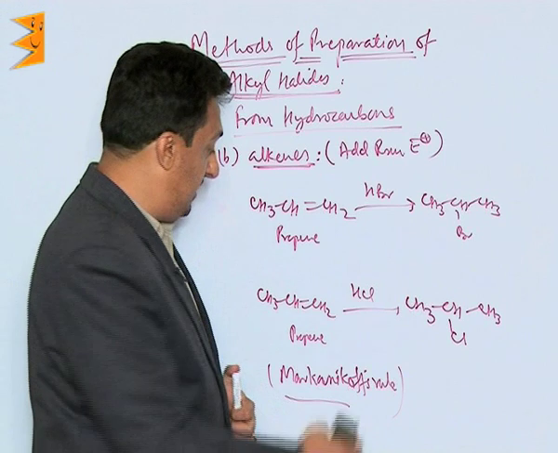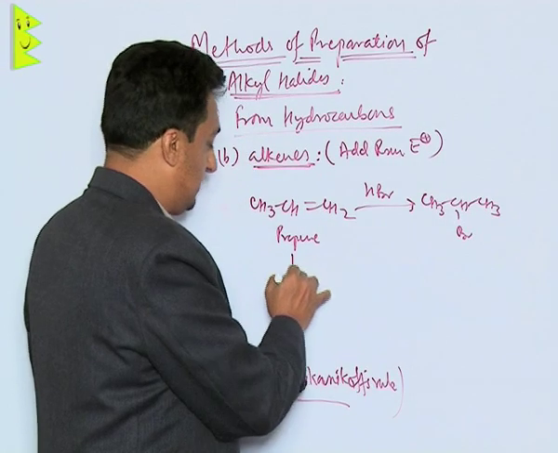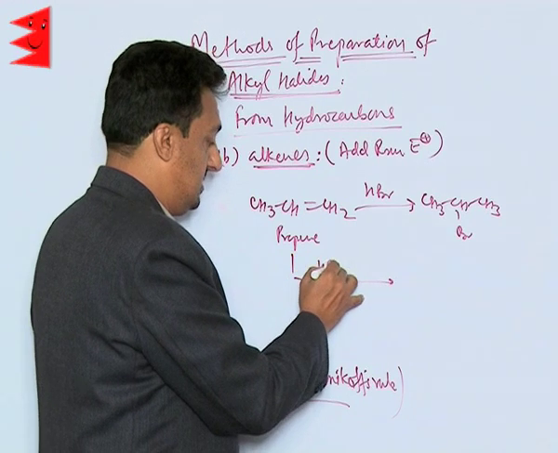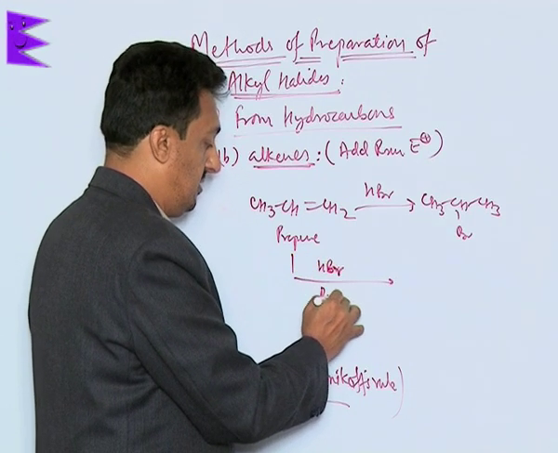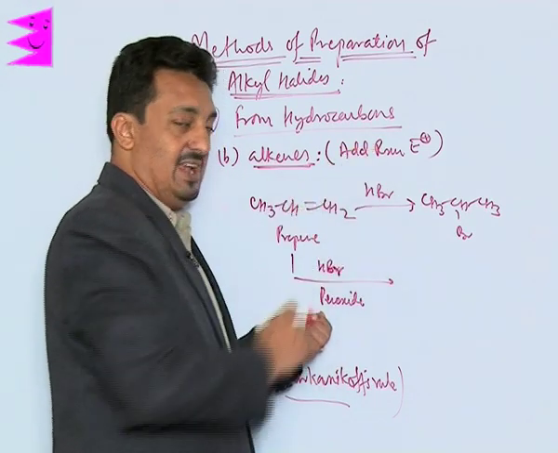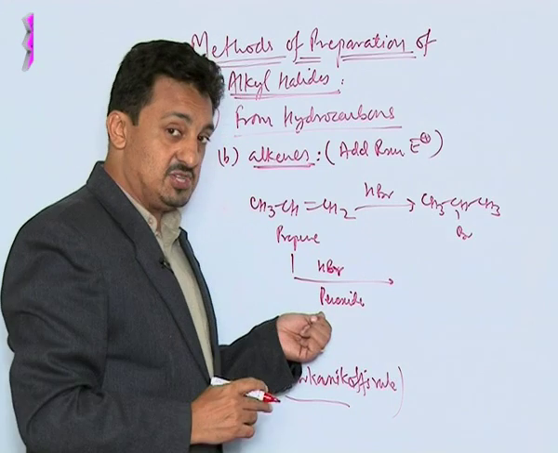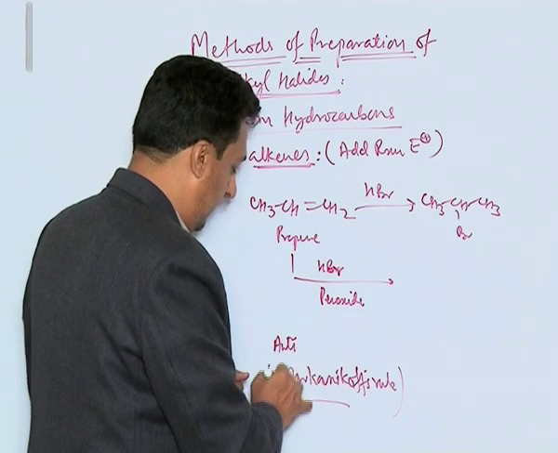But simultaneously we know, we have done in class 11th, that if HBr is added on this compound in the presence of peroxide, in place of electrophilic addition, free radical addition takes place, and the reaction follows what? I will just add the word anti before.